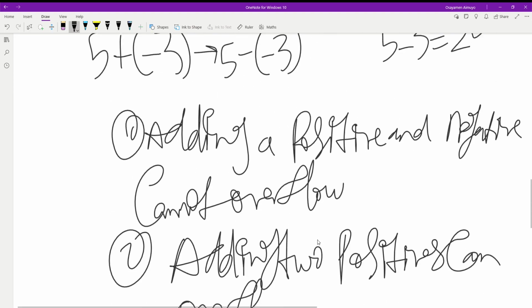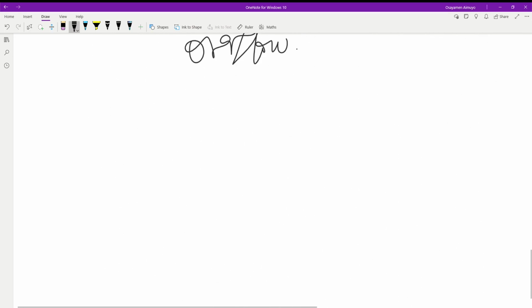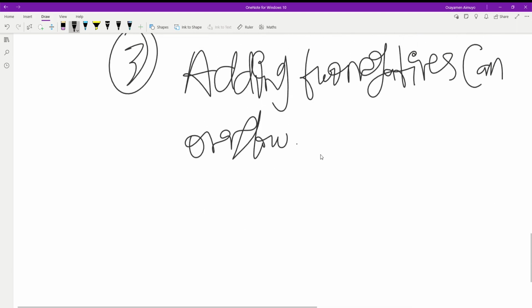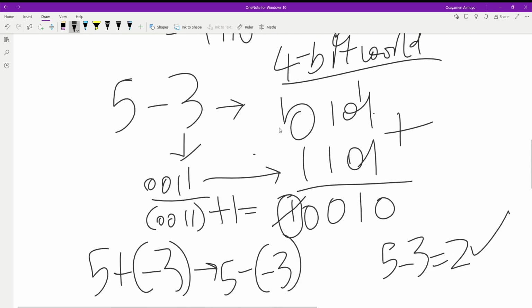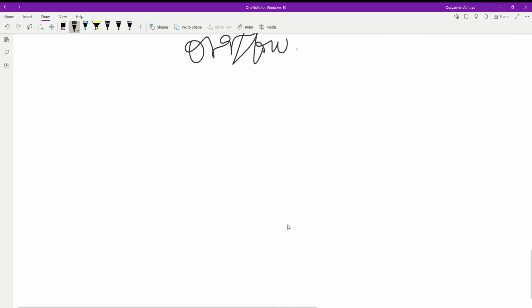Nice. So now, how do you detect overflow? There is a very simple way. If the carry into the most significant bit is not equal to the carry that you disregard, then there is overflow. Let me write that down.